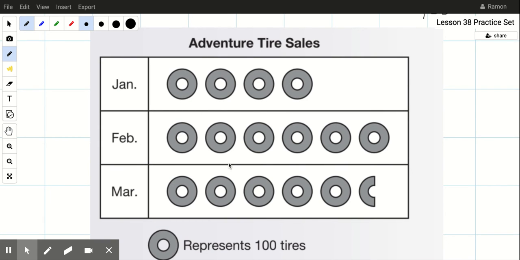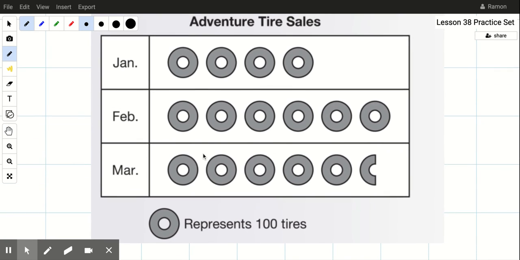An important thing to note with pictographs is that there's a legend that tells you what each symbol represents, or the value of each symbol. That's always something you need to look for in a pictograph, because without the legend telling us how many, we have a ratio that we could use.